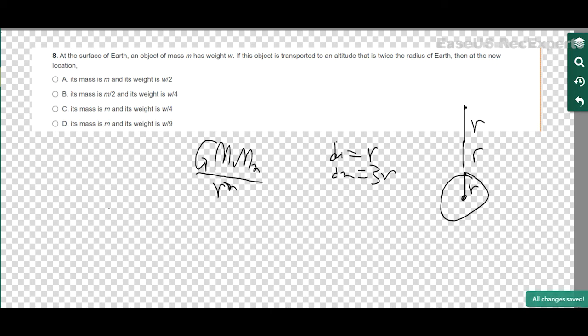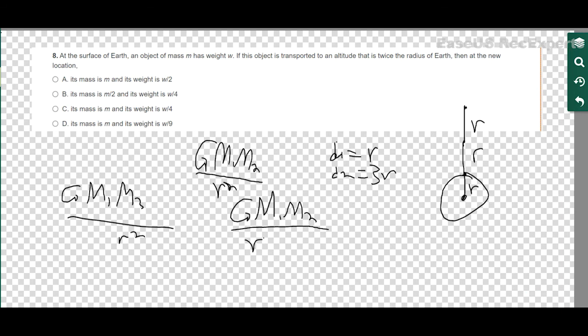Now we can plug it in, and for the first one, with d1 we get g m1 m2 over r squared versus the next one, which is g m1 m2 over 3r squared, as in 3r, all of that squared, which is 9r squared.